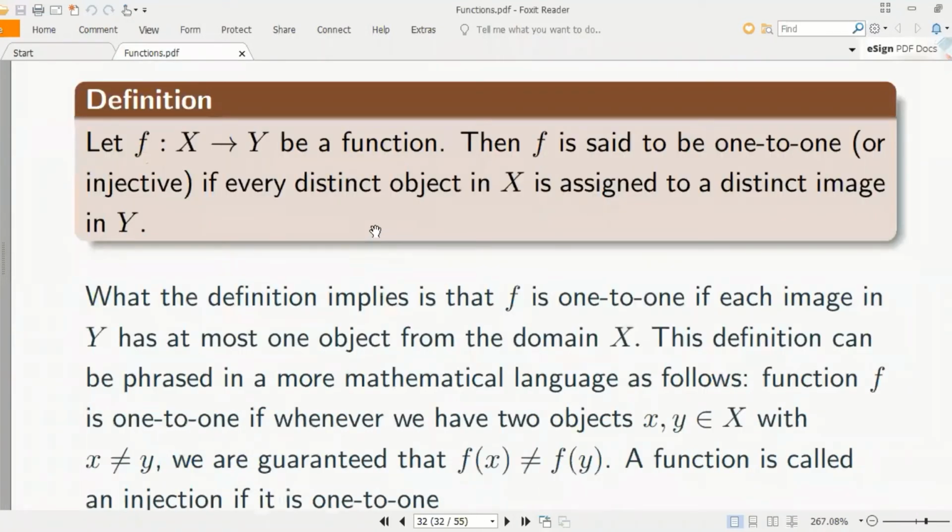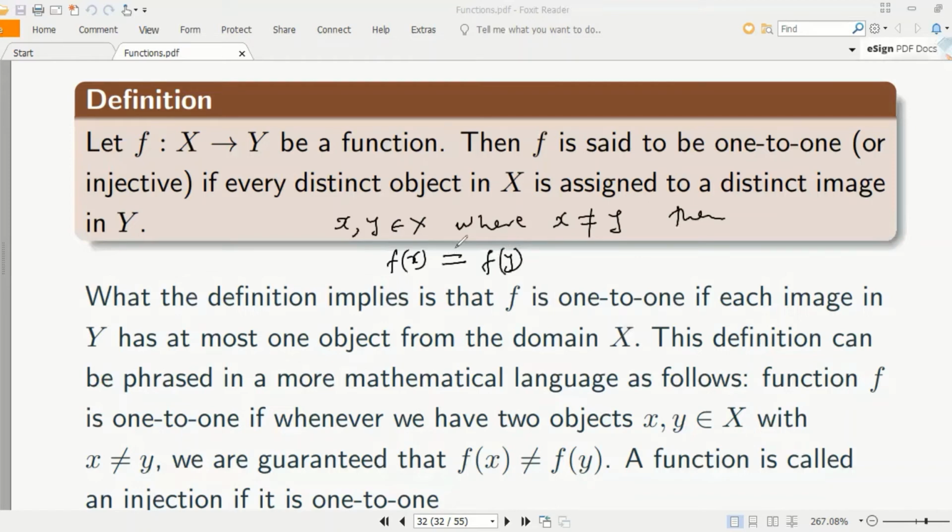So mathematically, if a function is one-to-one, it means that if you have two objects in x which are different, that means x is not equal to y, then we expect to see different images. Then the image of x, f of x, can never be equal to the image of y.